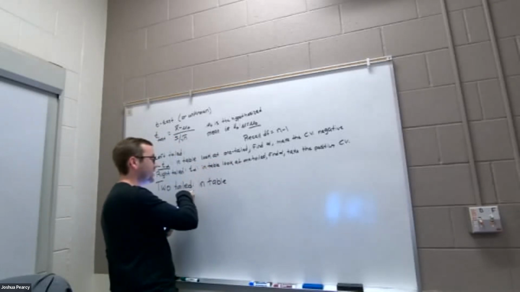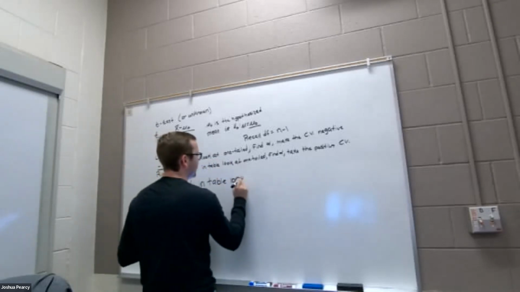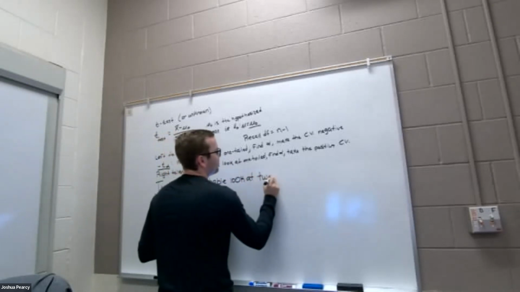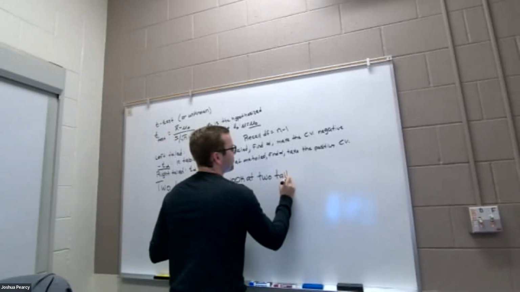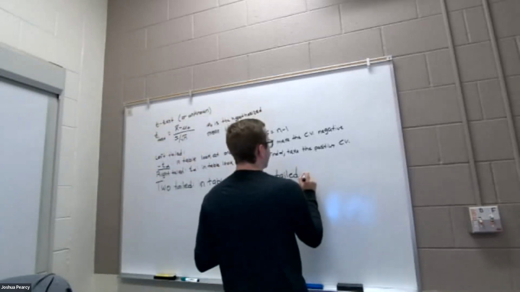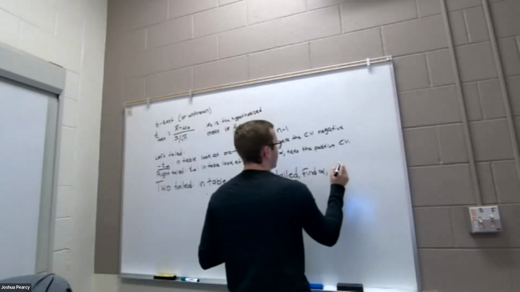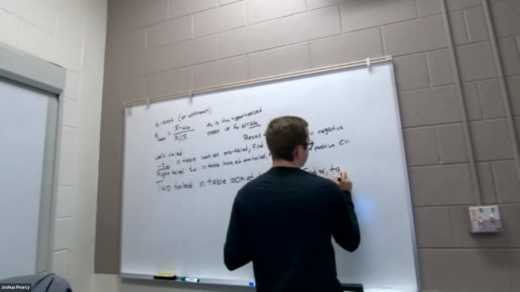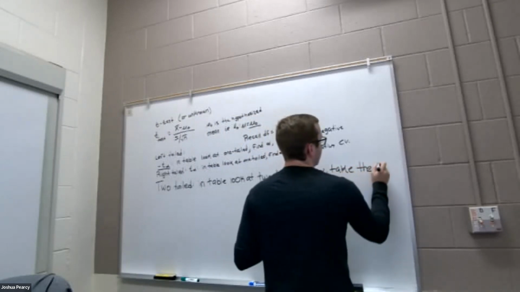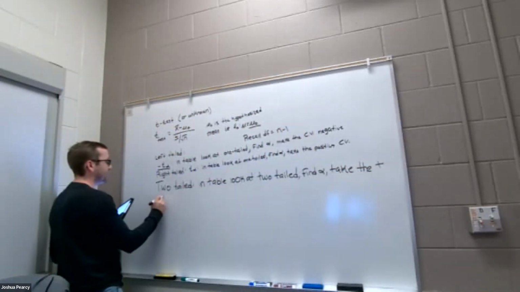And if it's two-tailed, then we want to look at, obviously, two-tailed. Look at two-tailed, find alpha. And since there are two critical values, we take the positive and the negative of that value.